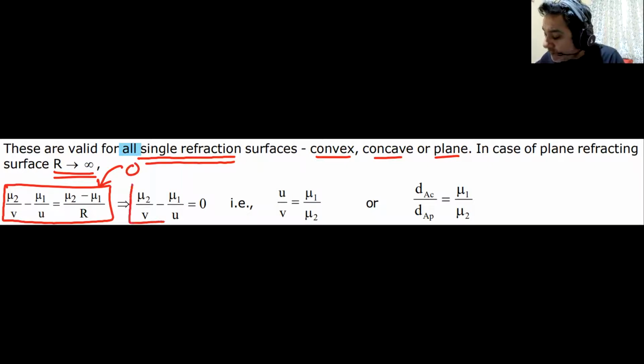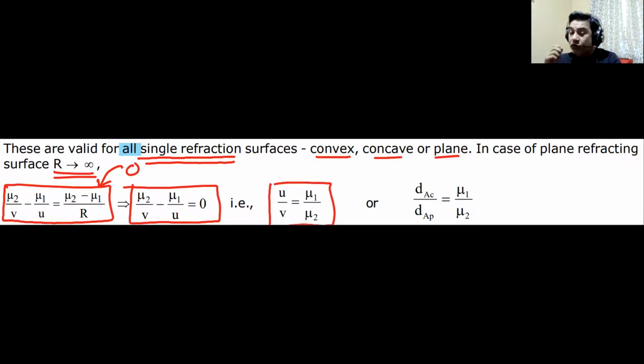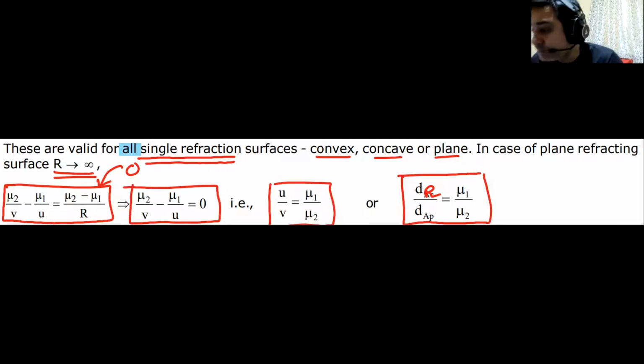All the formula reduces to this form: mu1 by u is equal to mu2 by v. Instead of calling it u and v, you can call it real depth and apparent depth. So this is the formula that I gave you for real depth and apparent depth. I told you that apparent depth is real depth multiplied by mu2 by mu1. Do you remember it?